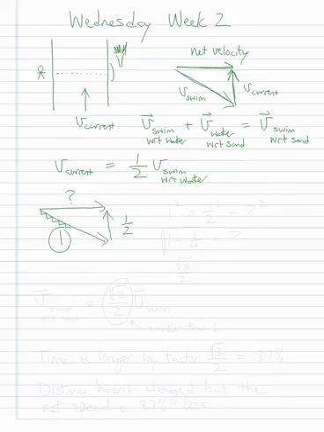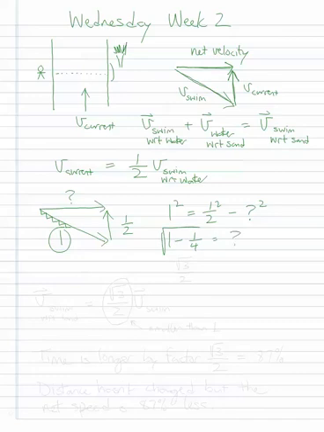And so this really, once you get it set up, is just a simple Pythagorean theorem problem. So 1 squared equals (1/2) squared plus question mark squared. And so the square root of 1 minus 1/4 is the question mark.